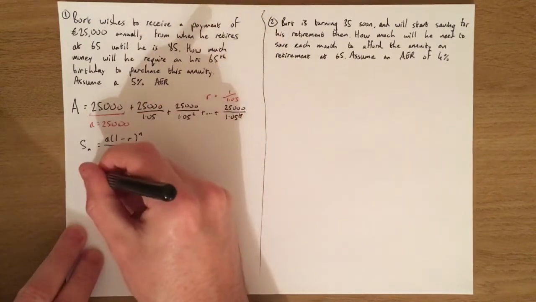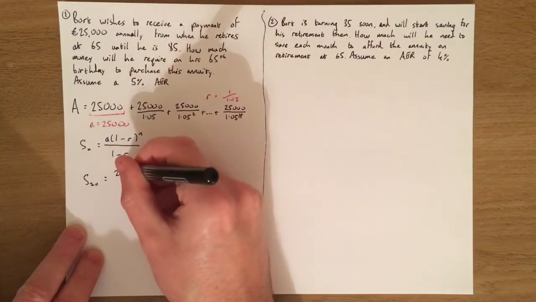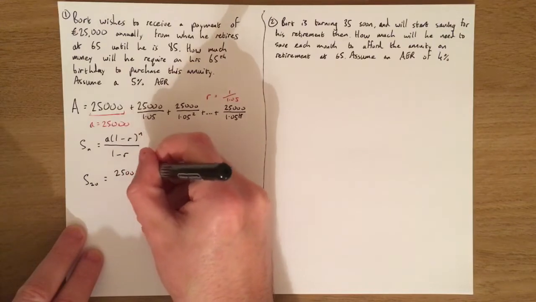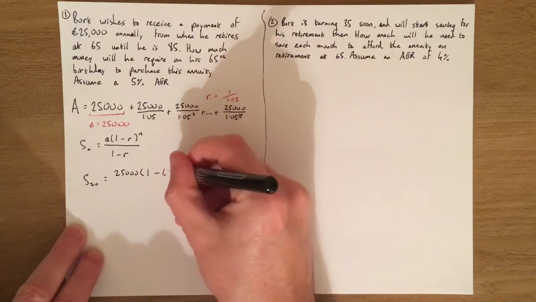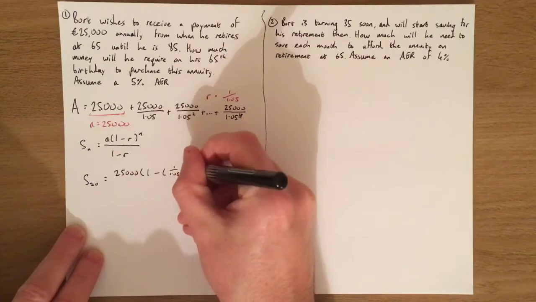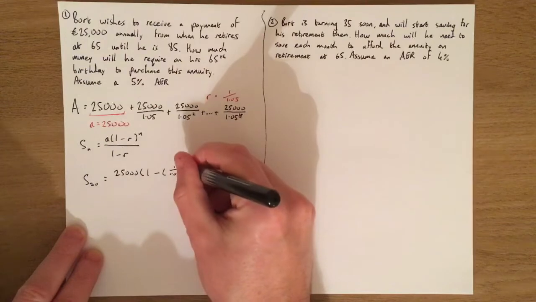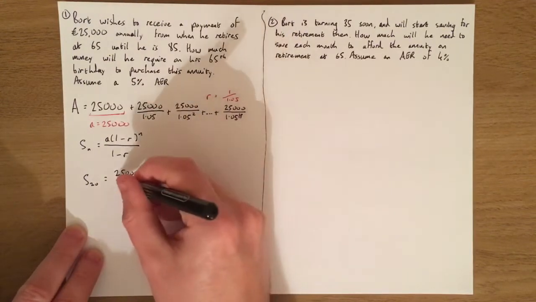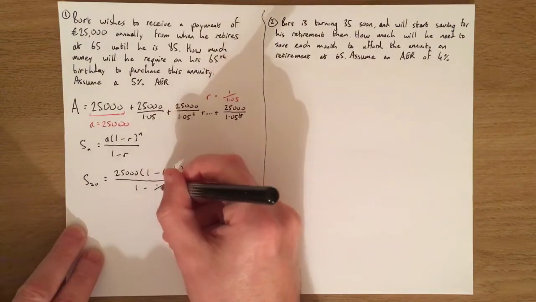So for me, this is S_20. That's equal to a, which is 25,000, on 1 minus r, which is 1 over 1.05 to the N, so that's 20, all over 1 minus r, so over 1 minus 1 over 1.05.